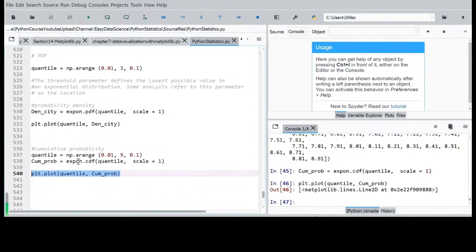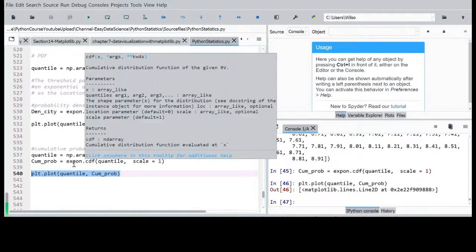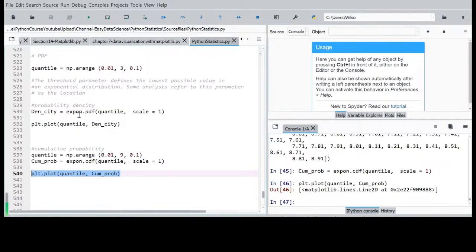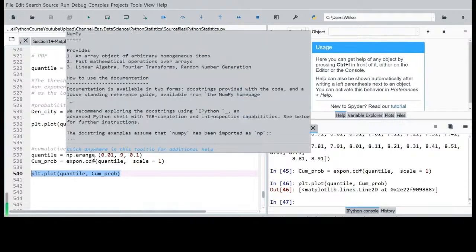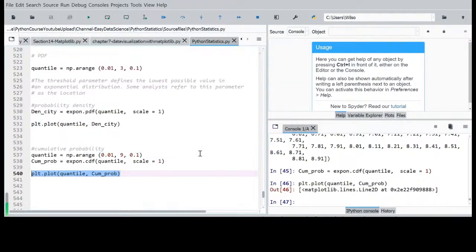The third function, CDF, will generate the cumulative probability with the same input as PDF: the beta value and an array for the exponential random variable. This variable is a positive number, so the cumulative probability generated is from 0 to 1.